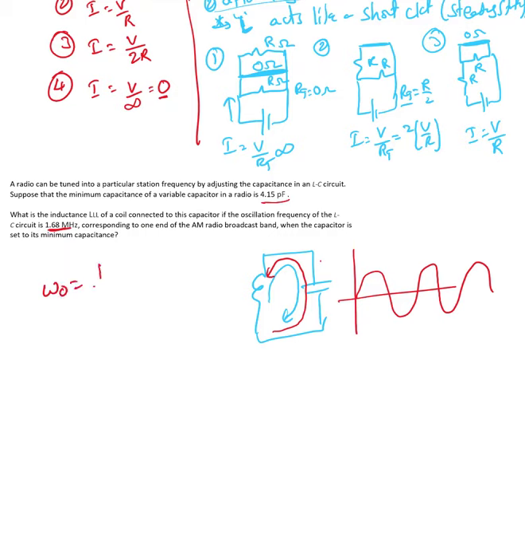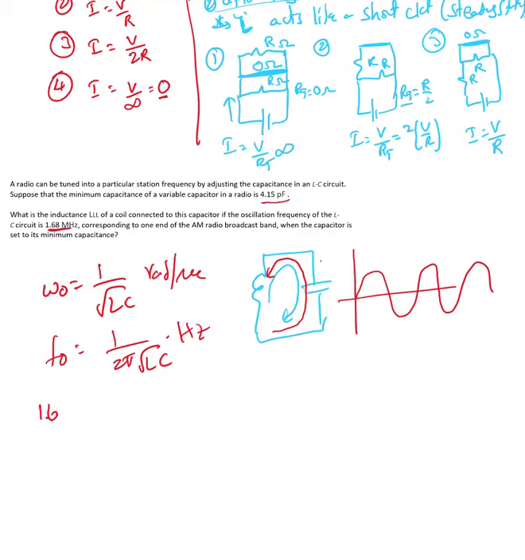That value is omega naught equals 1 over square root of LC, or f naught equals 1 over 2 pi square root of LC. Omega naught is in radians per second, this is in hertz. So he gave you f naught in megahertz.